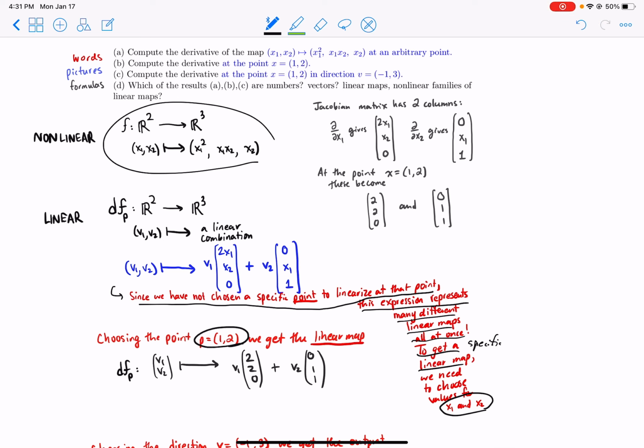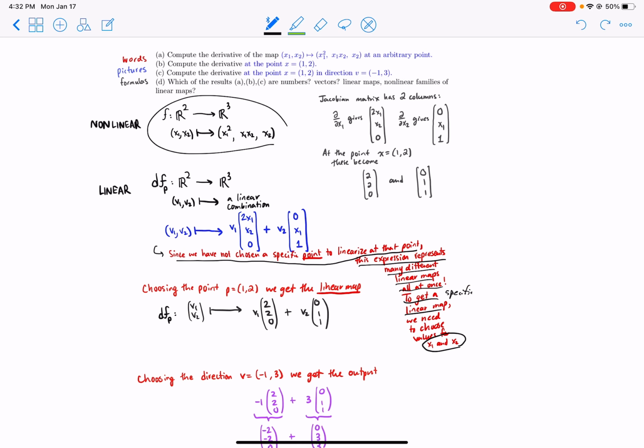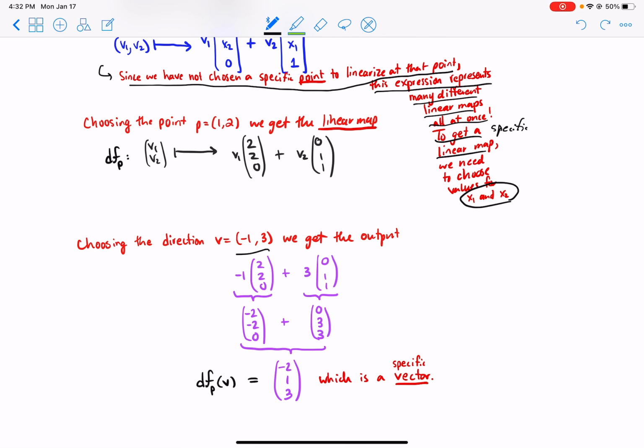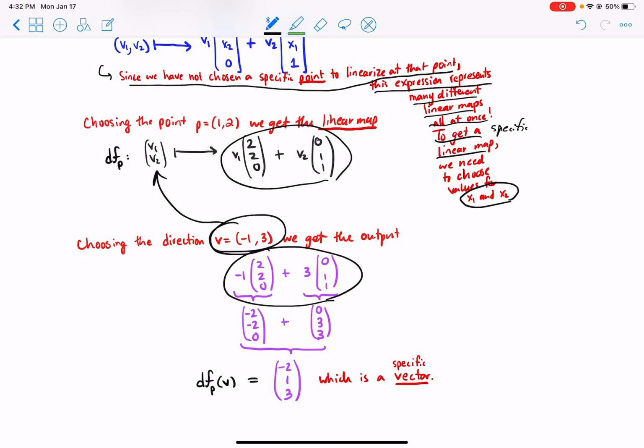Okay, so if we actually choose the point, these become vectors, and now we get an honest-to-goodness linear map, sending these coefficients to a linear combination of those vectors. Choosing an actual direction, we plug in, and we get an output, namely this linear combination, which is now actually a vector.